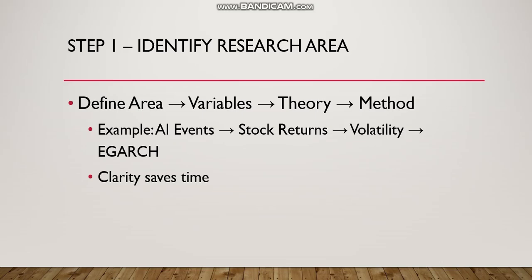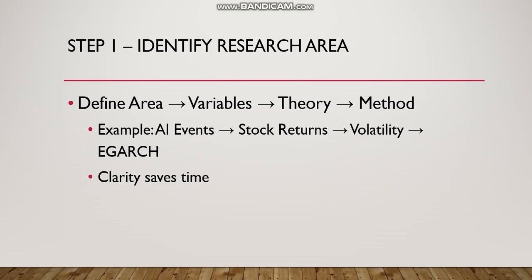For example, in finance, if you want to talk about AI events affecting stock returns using EGARCH, you have to understand what EGARCH is all about and the variables you would need for studies like AI events. You have to know those variables, which will ultimately help you to save time.